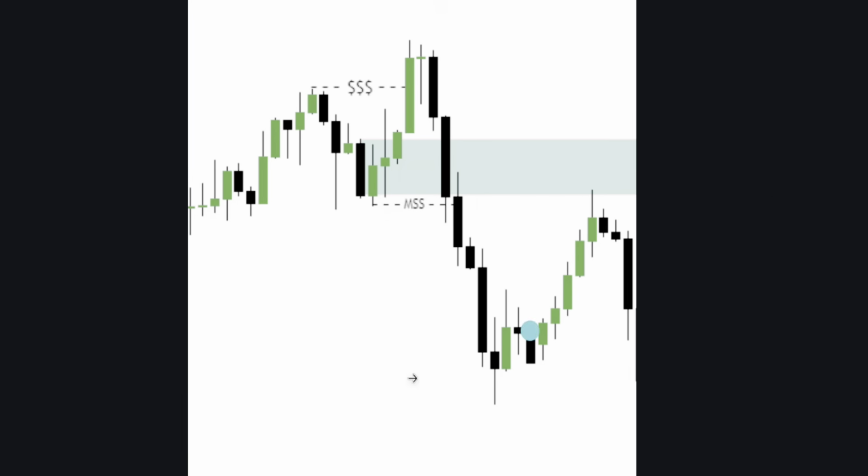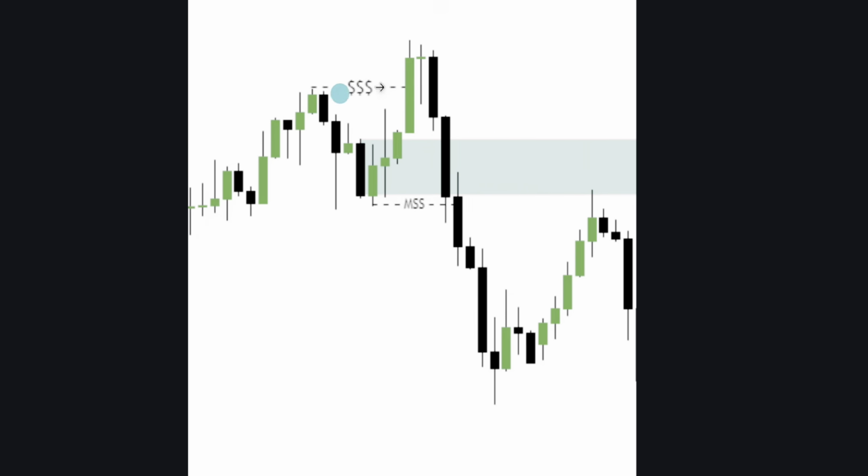And then a breaker block is basically when you have this kind of movement, like an M formation, right? You have price pushing up to create this high, coming down, creating a low, and then moving up, breaking above the high, and then crashing down below this low.